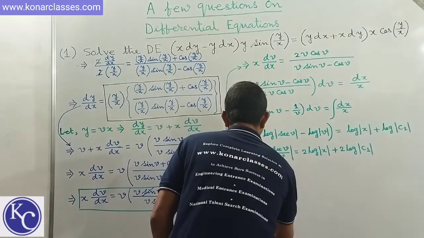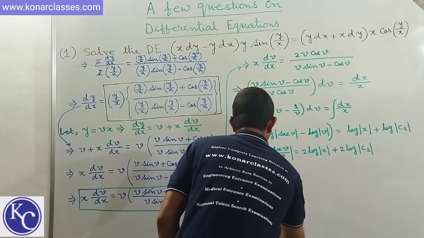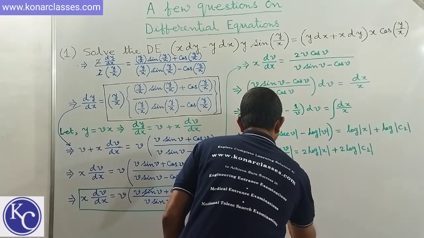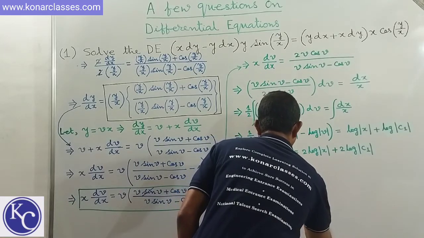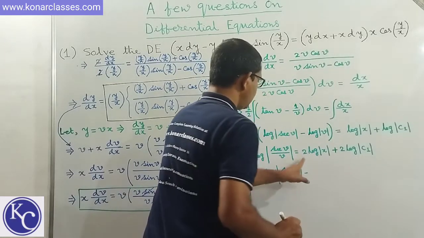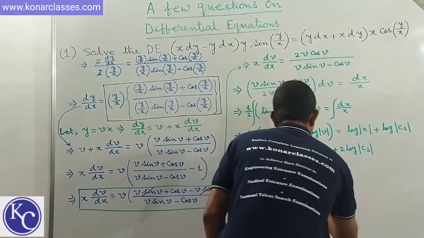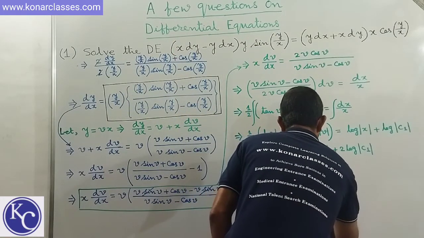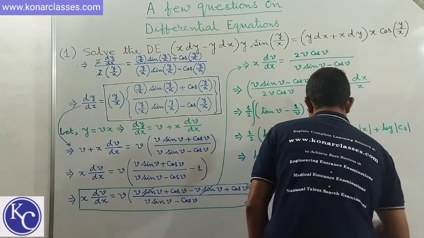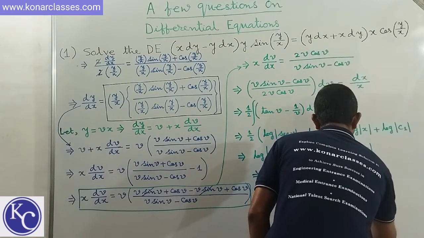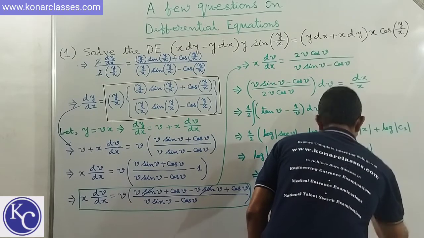Taking it to the left hand side, log of mod sec v by v minus log of mod x square is equal to 2 log mod c1.